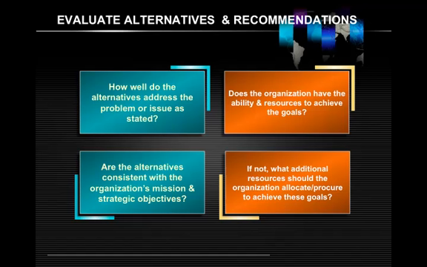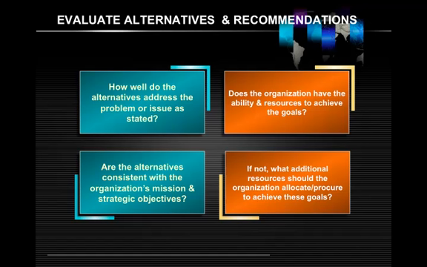Once you have the alternatives or recommendations, you need to run them through a few questions, right? I divide these questions into four. One, how well do the alternatives address the problem or the issue as stated? That is, how directly are you solving the specific problem?